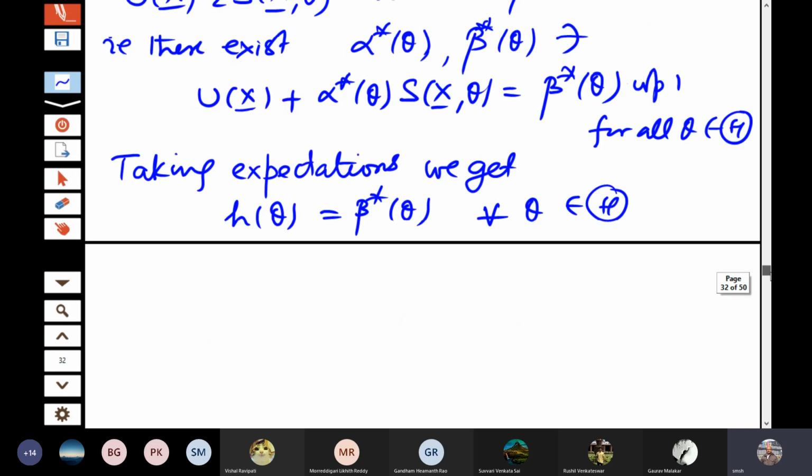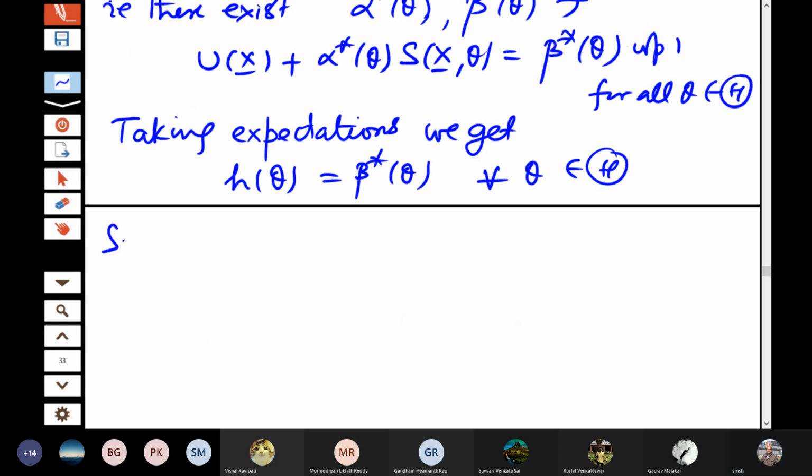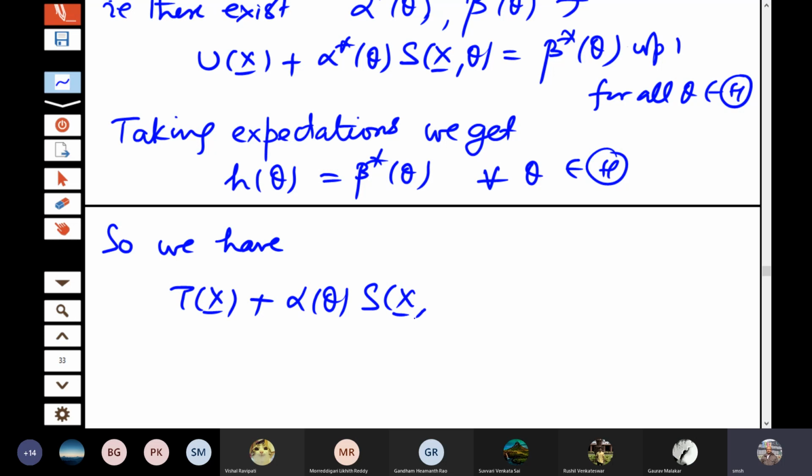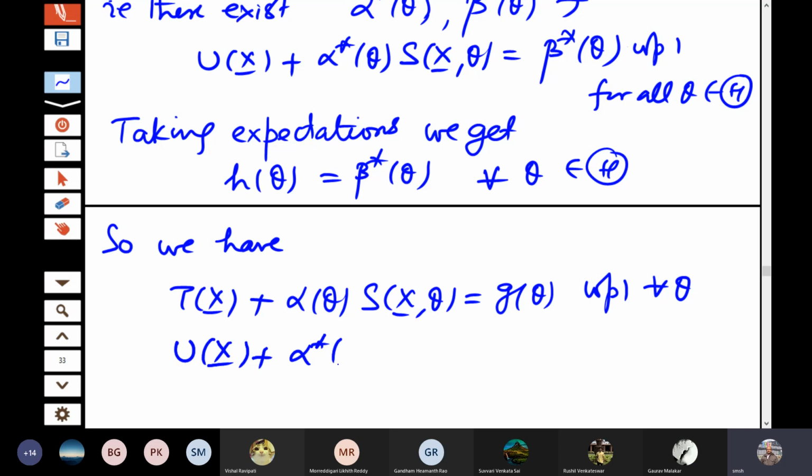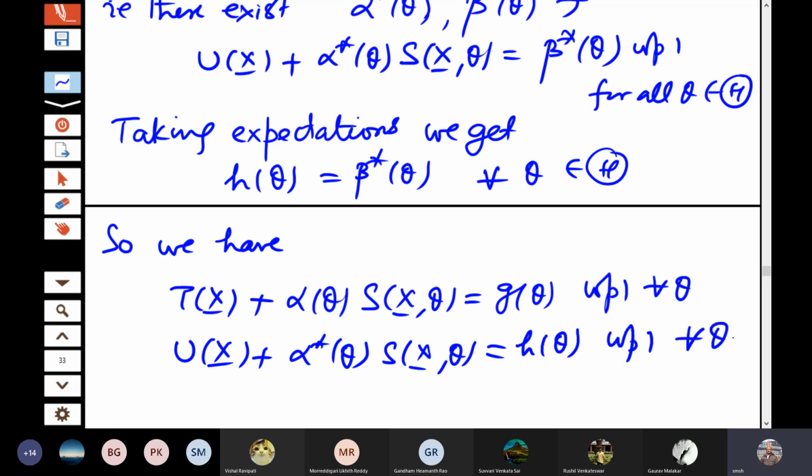Now let us write down the two statements. T_X plus alpha theta S_X theta is equal to g theta with probability 1 for all theta, and U_X plus alpha star theta S_X theta is equal to h theta with probability 1 for all theta.